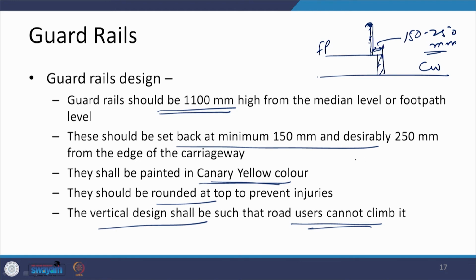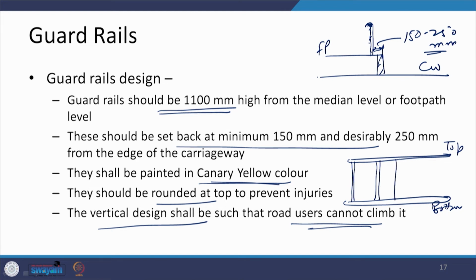So, if I am talking about my system of the guardrail, so this is my top and say this is a bottom rail, and this top and bottom rail are going to be connected by way of the vertical bars like this.